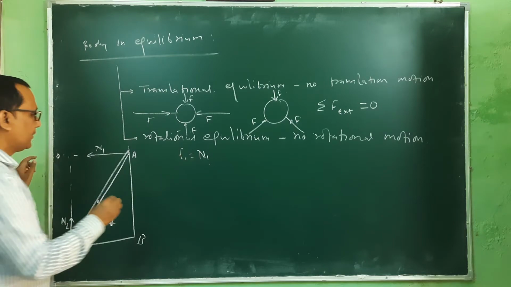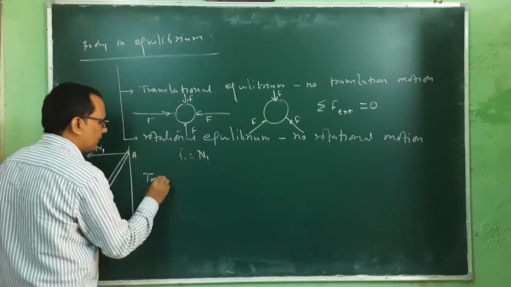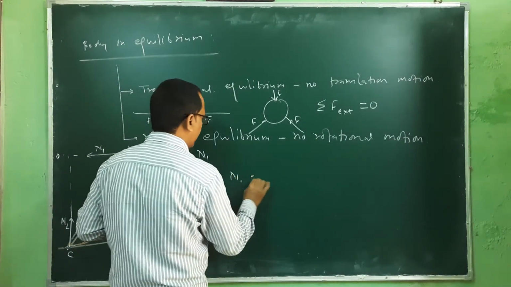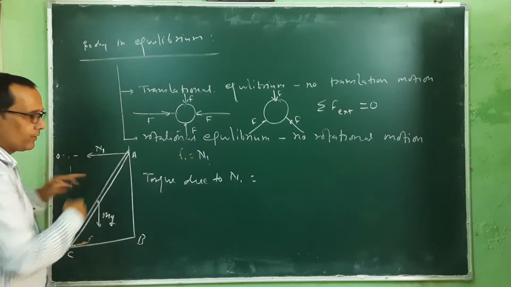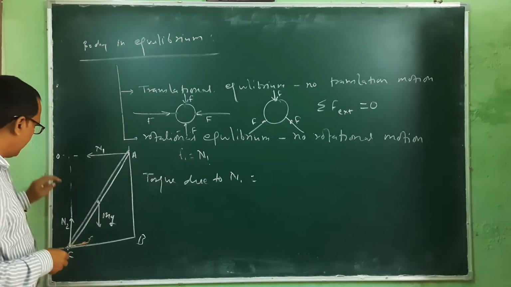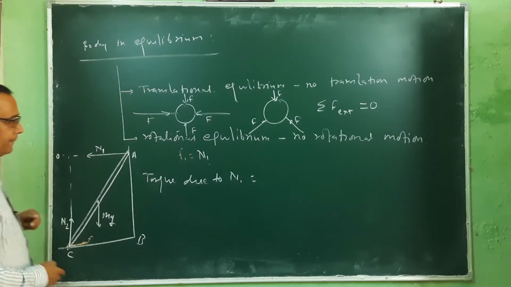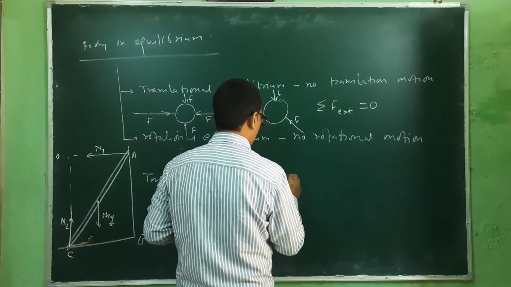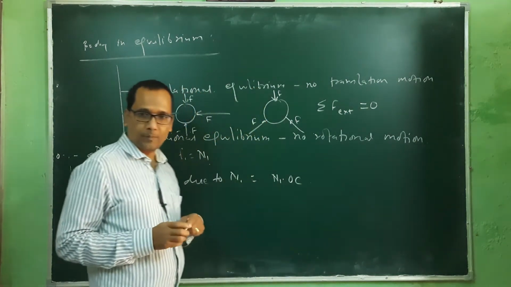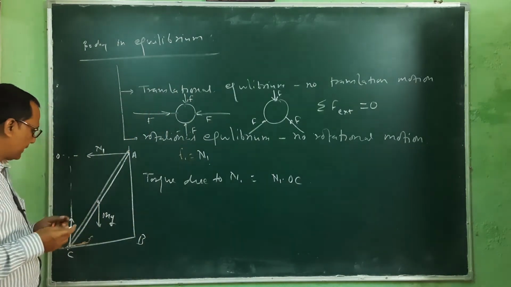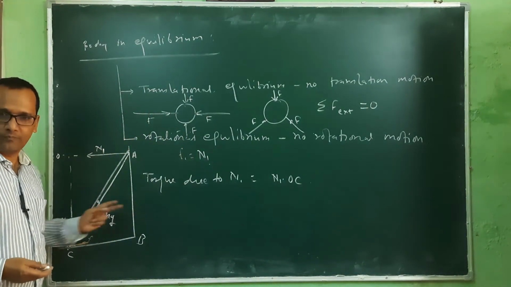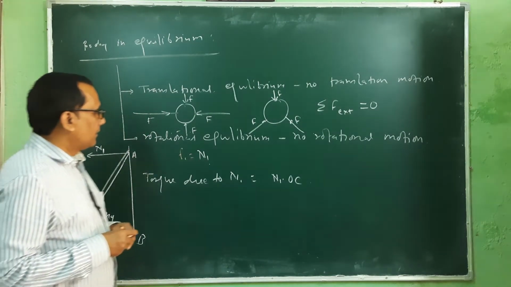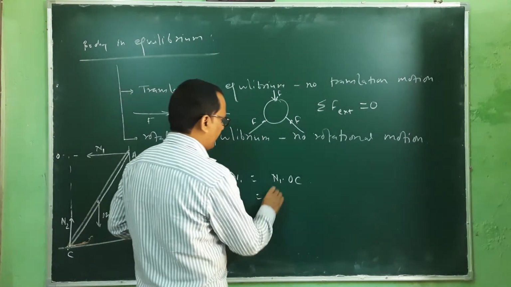So the torque due to N1 is equal to the force N1, which is equivalent to F1, multiplied by the distance OC, the perpendicular force multiplied by the perpendicular distance. This OC is equivalent to AB, and N1 is equivalent to F, so the torque is F multiplied by OC.